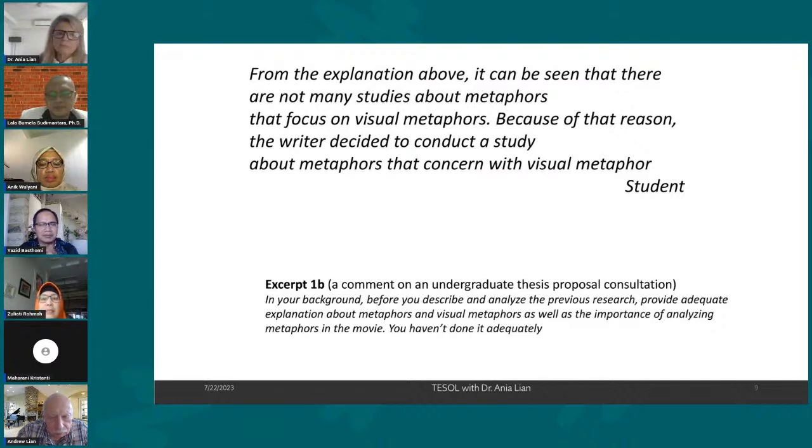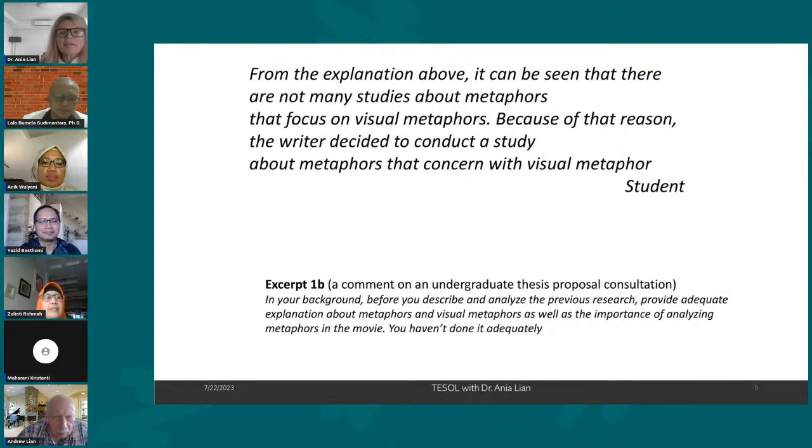What I mean is this: if the students indicate particular research variables in the title, then they need to review relevant previous studies having to do with those variables, not necessarily about the definition of what is meant by metaphor, what is meant by visual metaphor. I guess that is the continuation in the consultation process. So now I can see that it might be misleading in a way, because this kind of comment tends to lead the students to provide definitions.